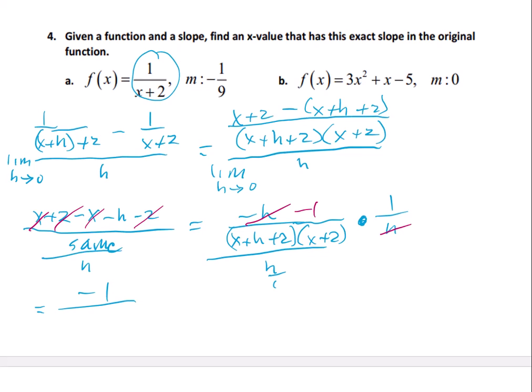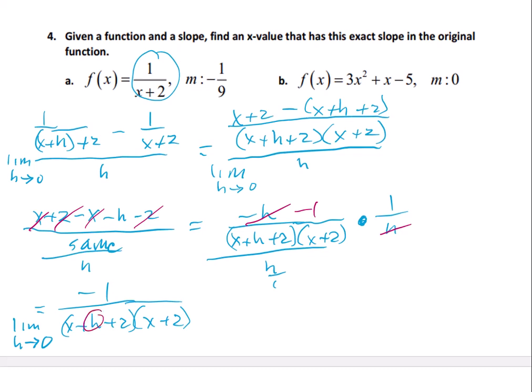Negative 1 over x plus h plus 2 times x plus 2. Now, we want the limit as h is moving towards 0. Well, when h is going towards 0, what happens?